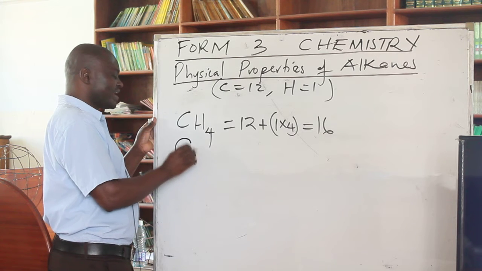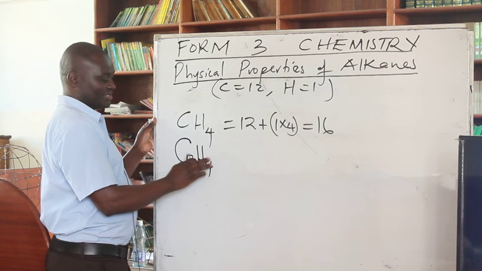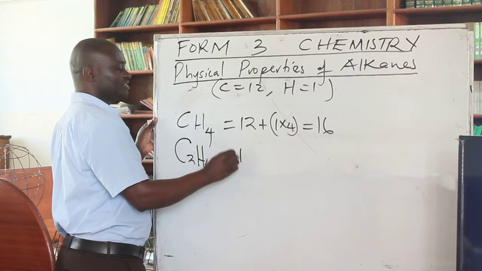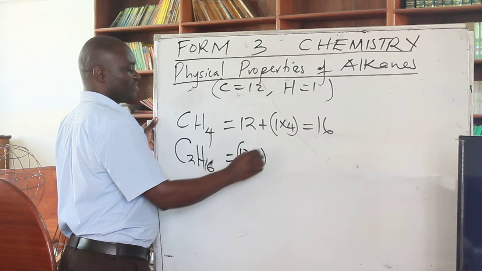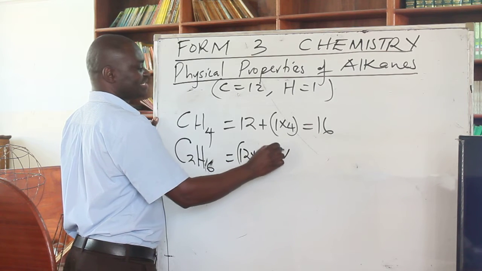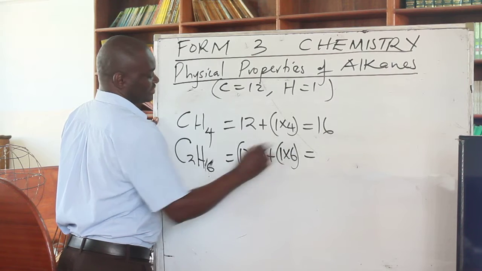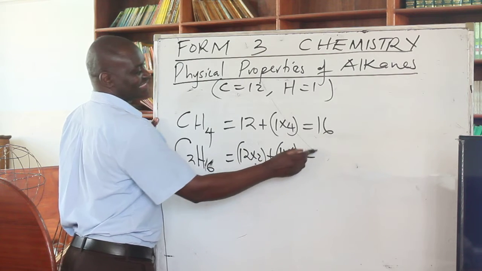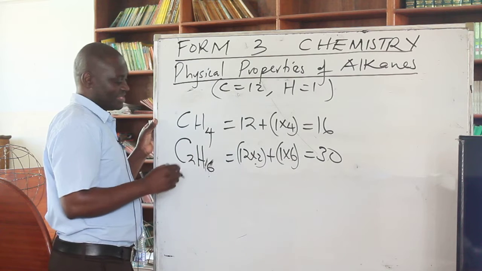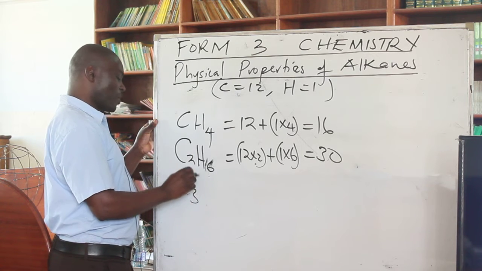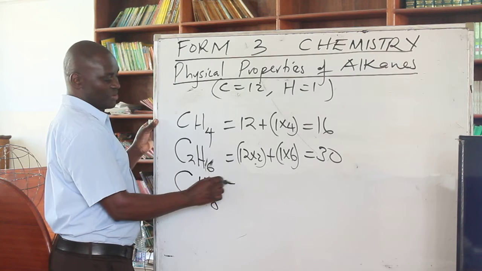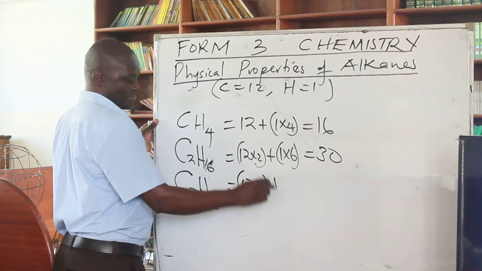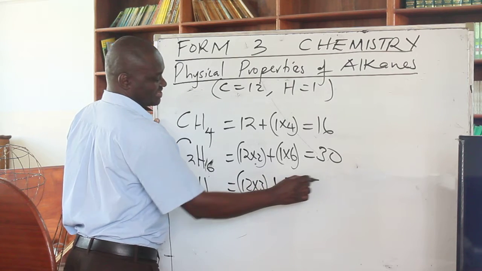When we come to ethane, carbon is 12 times 2 plus 1 times 6. So this one is 24 plus 6 is 30. Moving down to propane, we will have 12 times 3 plus 8.